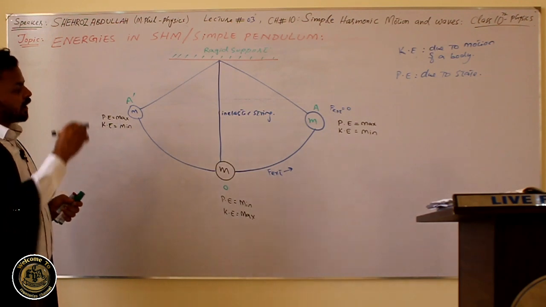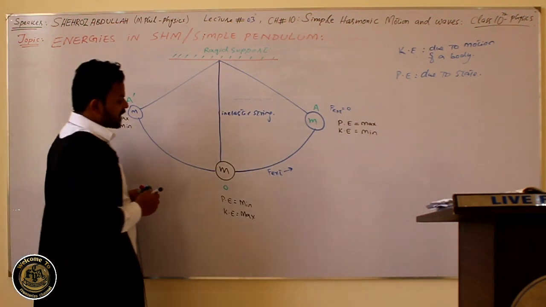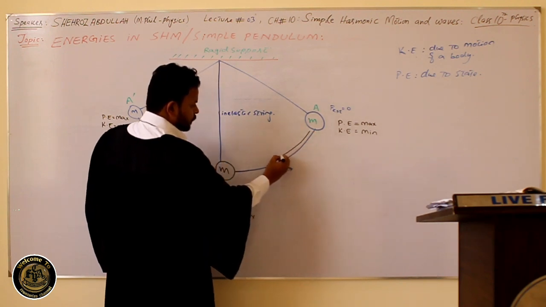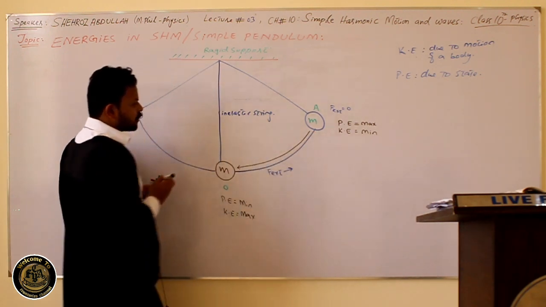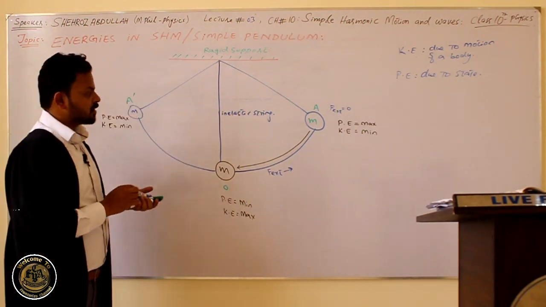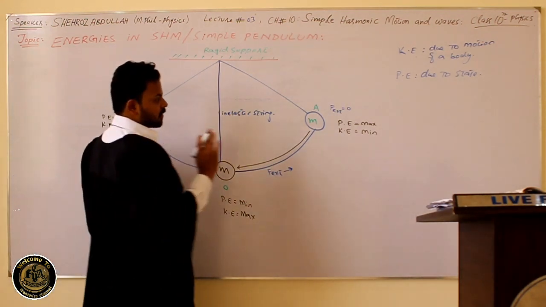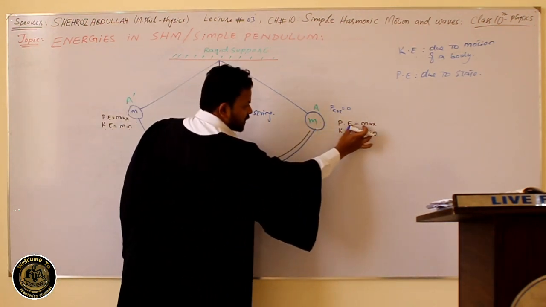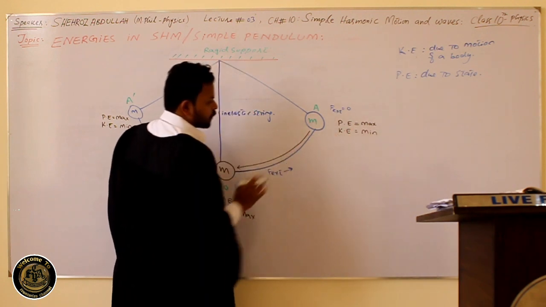Now look, when the metallic sphere was moving from A to O, what was the change observed in the kinetic energy and potential energy? Over here the potential energy was maximum and kinetic energy was minimum.